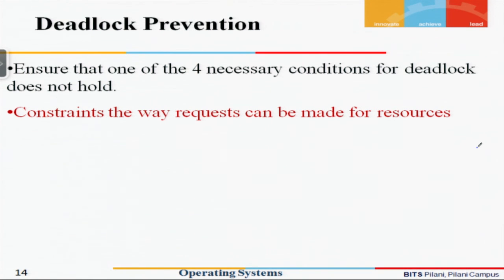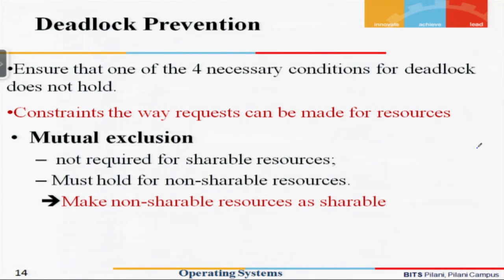So we are saying that to ensure that one of the 4 necessary conditions for a deadlock does not hold, we would need to constrain the way requests can be made for the resources. So we are trying to look at whether we can do something where mutual exclusion in the system is not going to be required. The question we need to ask is, why mutual exclusion?